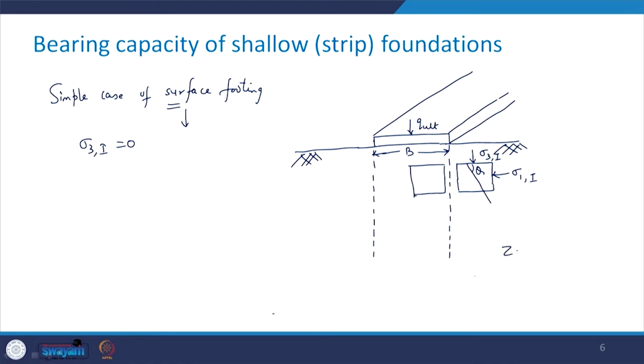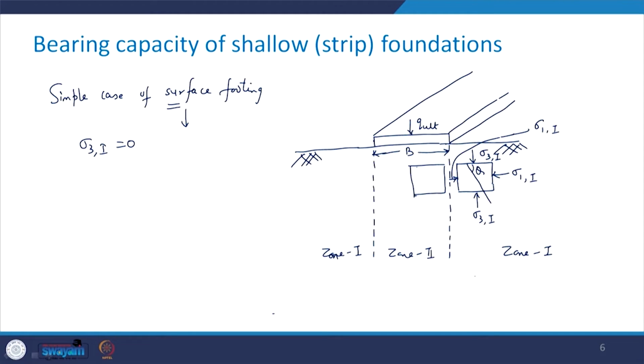So basically this is my zone 1, and here this is zone 2, and obviously this one will also be zone 1. So here we have sigma 3 of 1, and in this direction this is going to be sigma 1 of the zone 1.